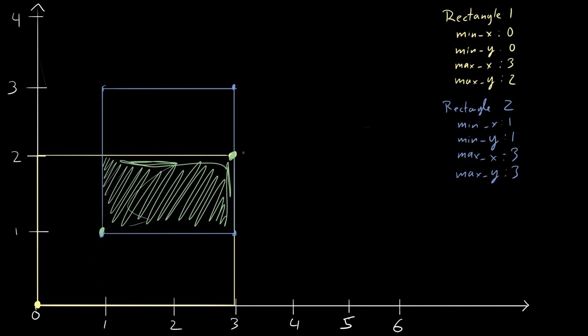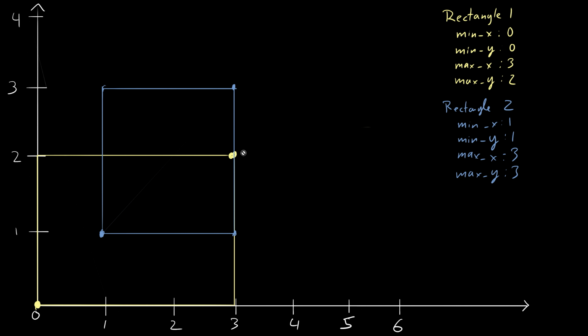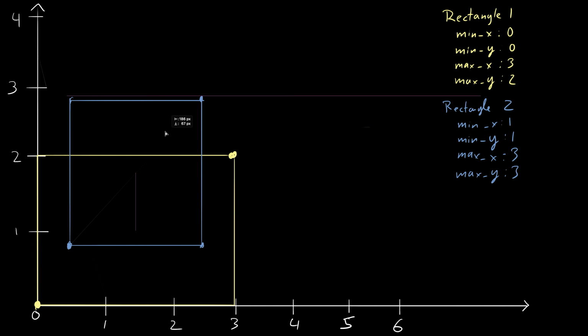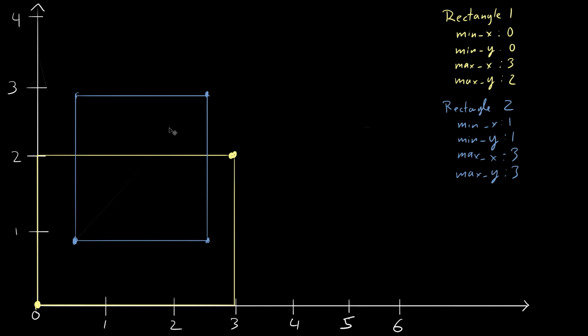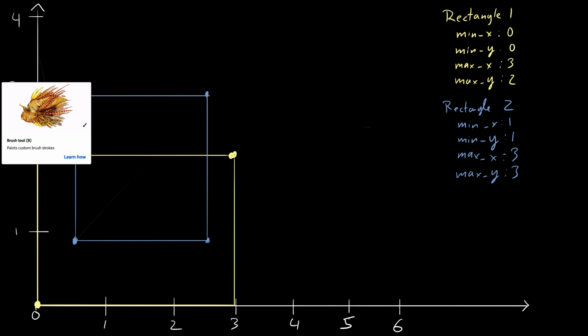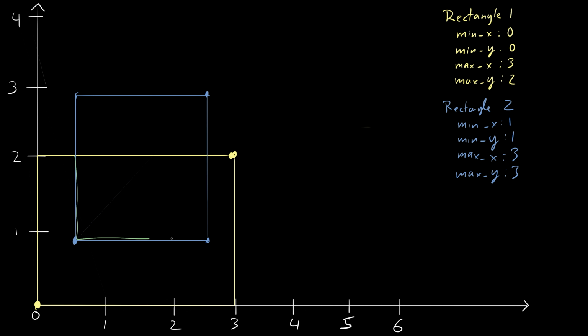Let me show you an example to be more clear. Imagine we have this rectangle over here. We want this rectangle, so we care about this corner and this corner. For example, let's take this one.